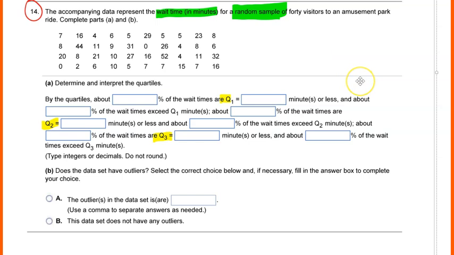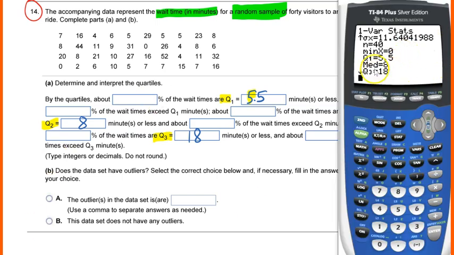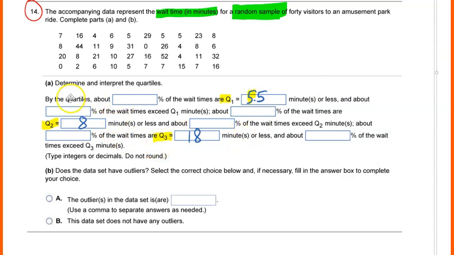Therefore what I'm going to do here is I write Q1, which is going to be 5.5, and I write Q2 here, which is going to be 8, which is the median, and the Q3, which is going to be 18. Again, you get that from the calculator. Okay, Q1, Q2 and Q3. Now you have to fill in the percentage here.